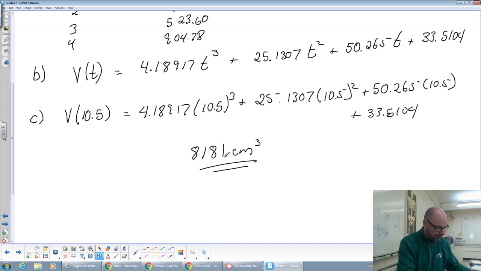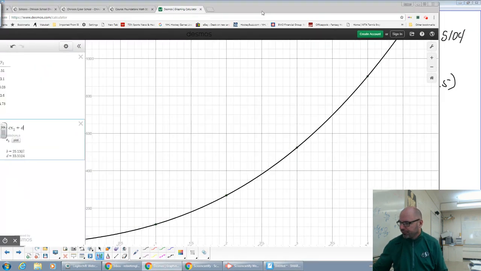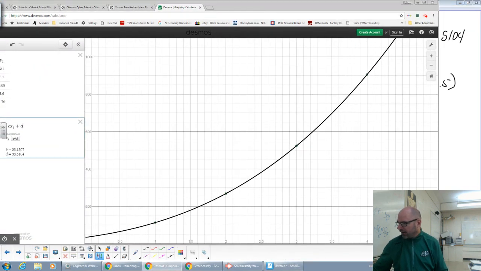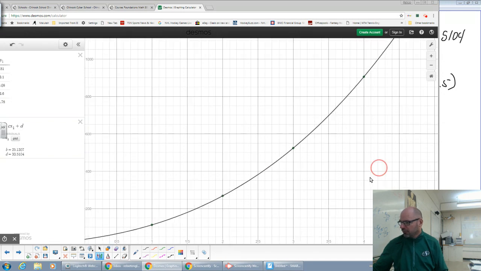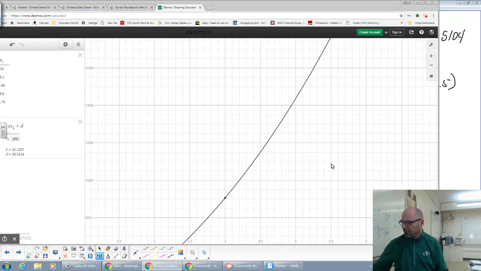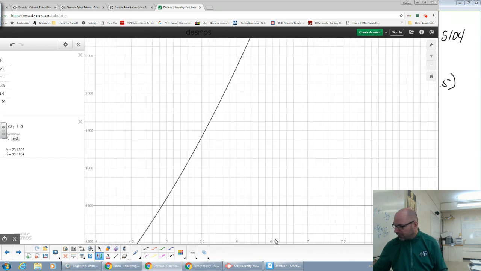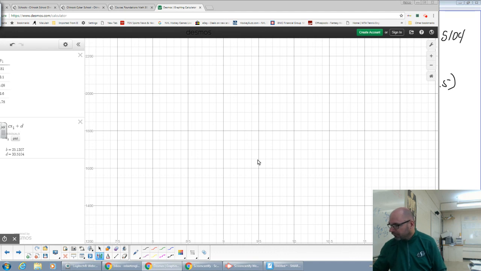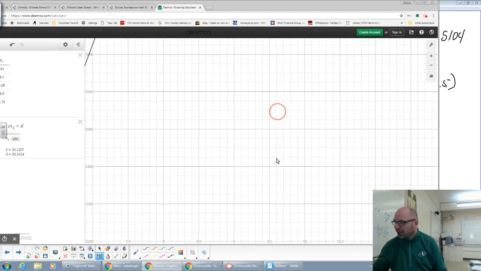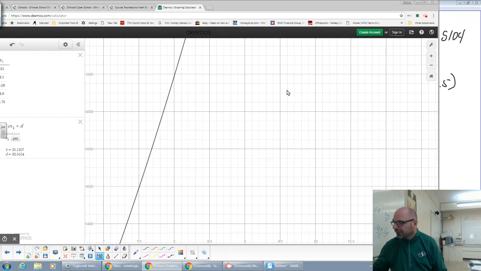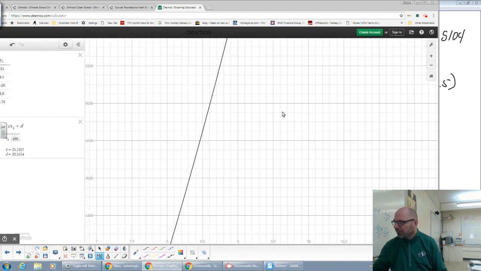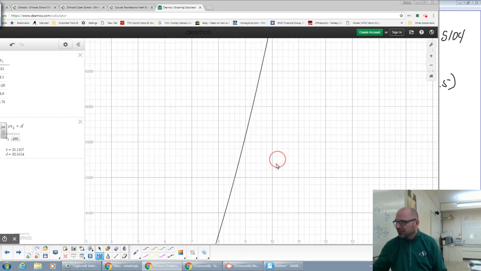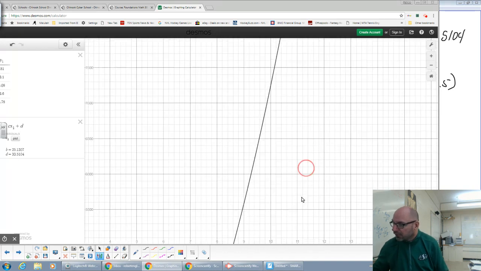If we look at the graph, we have to really extrapolate up the graph to find it. But we can do it with Desmos because we can move our window. If we want 10.5, we're only up way over here, so we have to move this all the way to 10.5. Ten is right there, and we don't see the line, so we have to go up, keep going up.